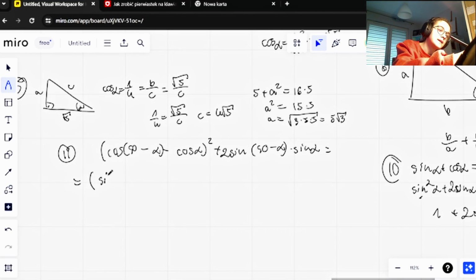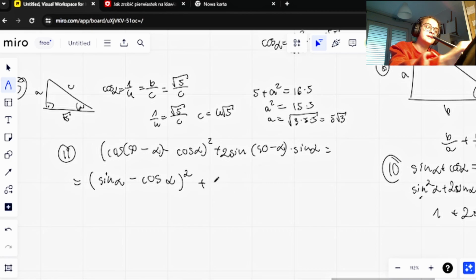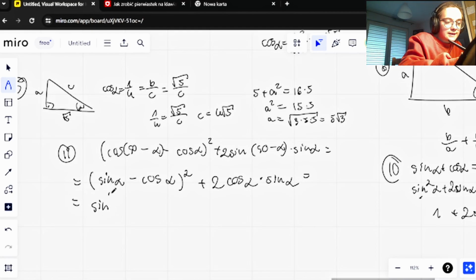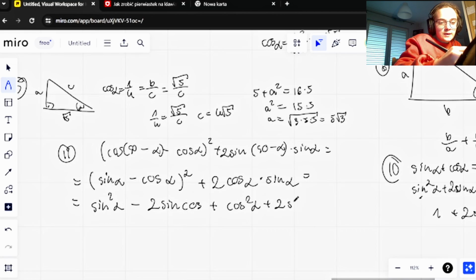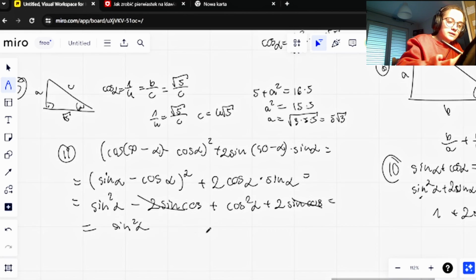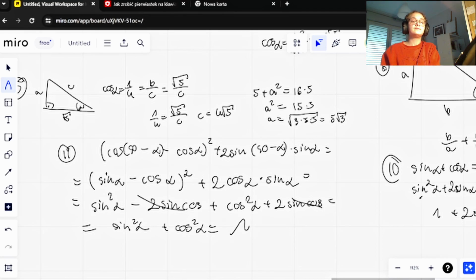Positive, so it stays sinus cos plus 2, and we change times, and we have sinus squared minus 2 sinus cosinus plus cosine squared plus 2 sinus cosinus equals sinus squared plus cosinus squared equals 1, and that's it.